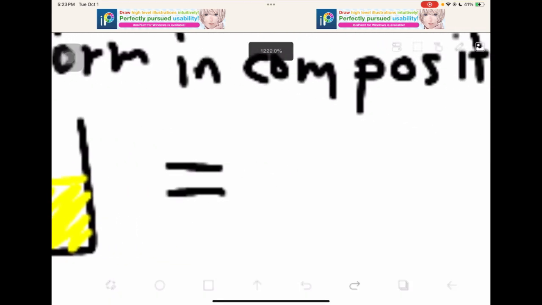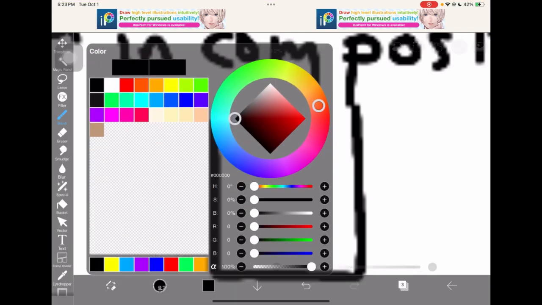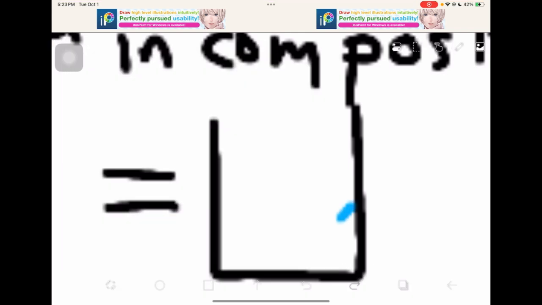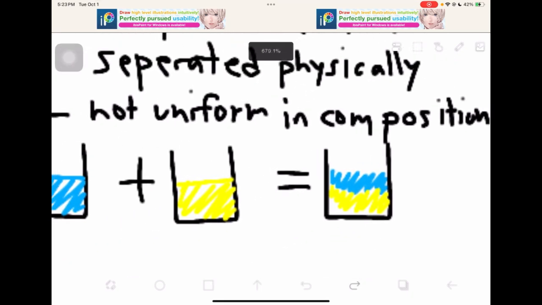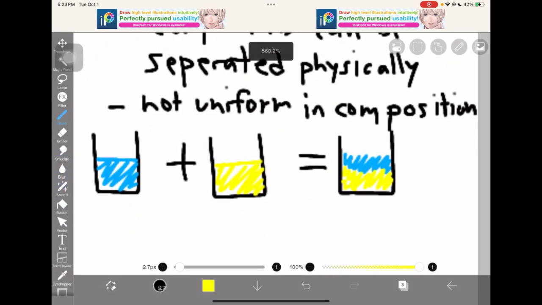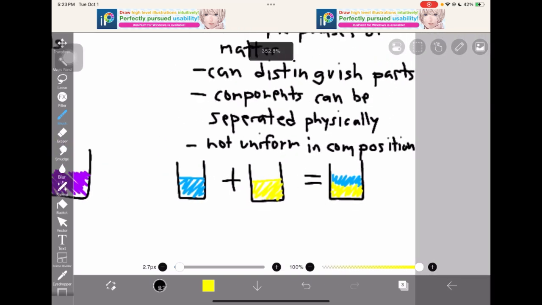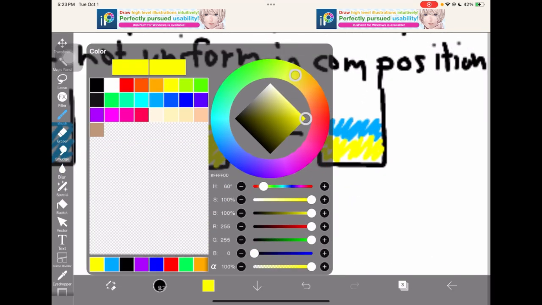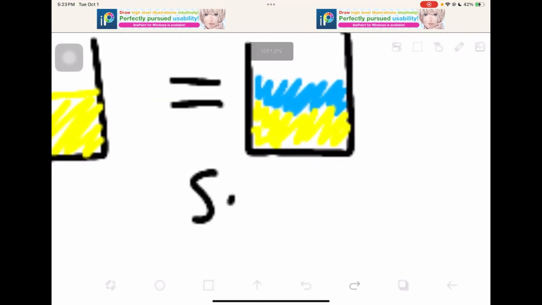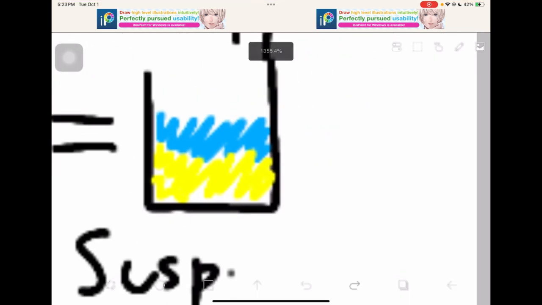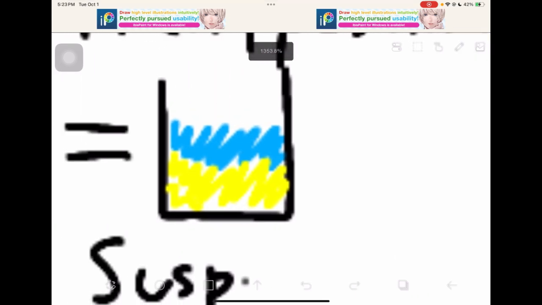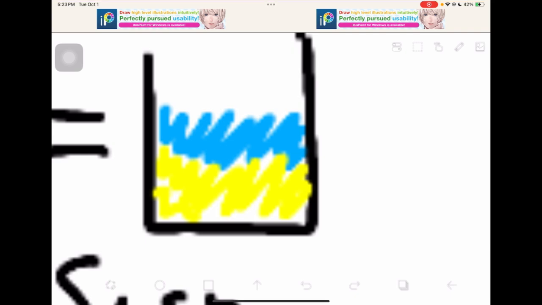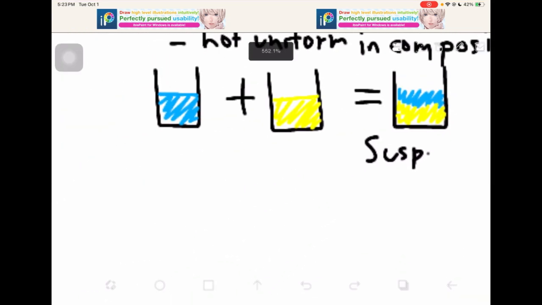However, this is a heterogeneous mixture, so it means that you can physically see the blue and yellow together. There are two types of this, a colloid and a suspension. This is a suspension, the one I just drew here, because as you can see, they're suspended on top of each other, just layered, stacked on top of each other. Let's say the blue is water and the yellow is oil. That's the best example of a suspension.